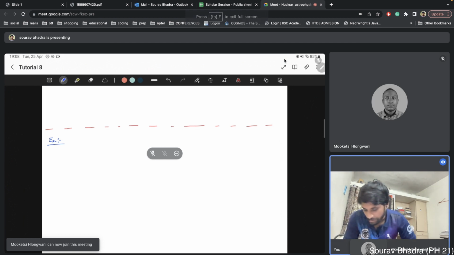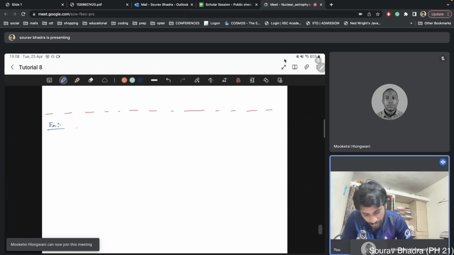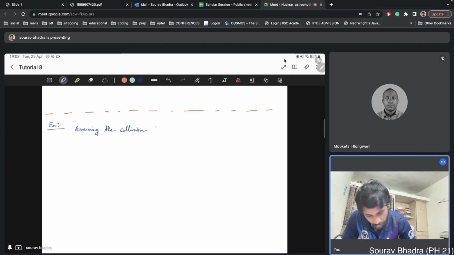Yes, so this problem tells you that assuming the collision to be elastic, that we have already considered.